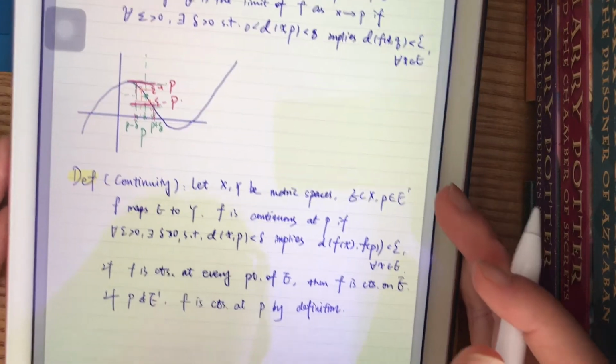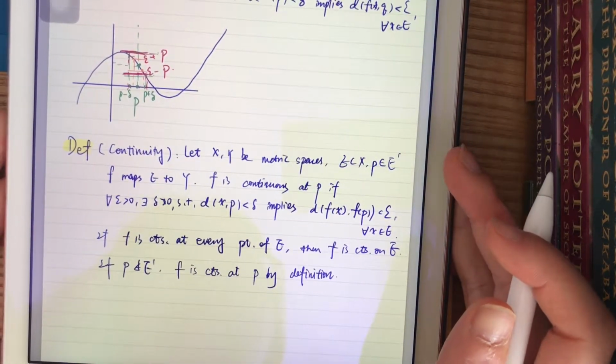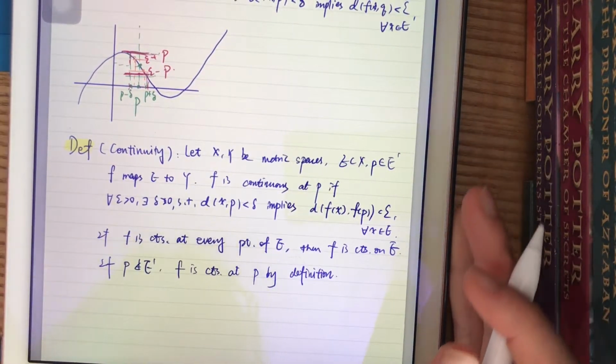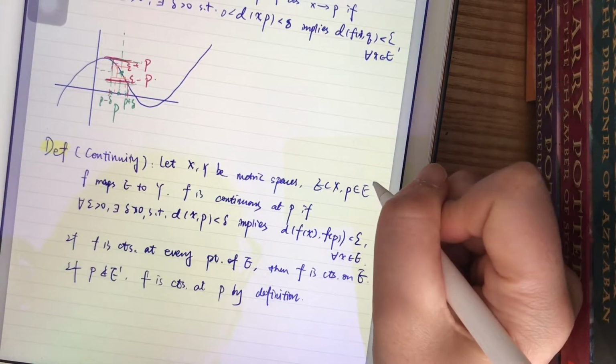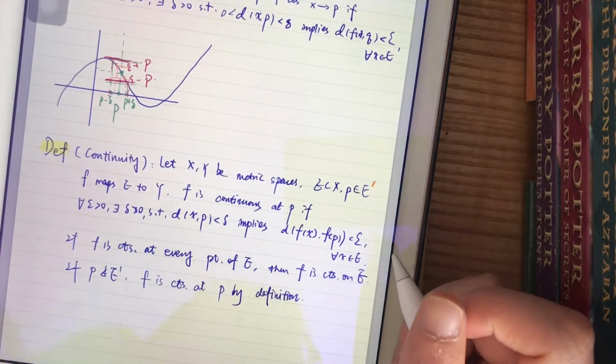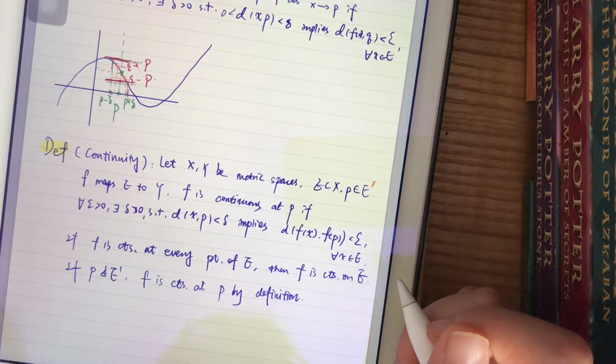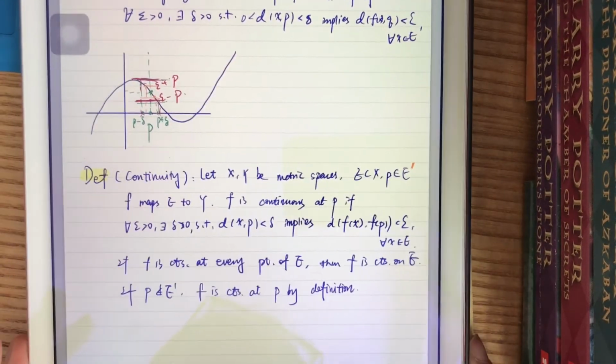So the definition of continuity: let X and Y be metric spaces, with E contained in X, and P a point of E. Here we have two cases.